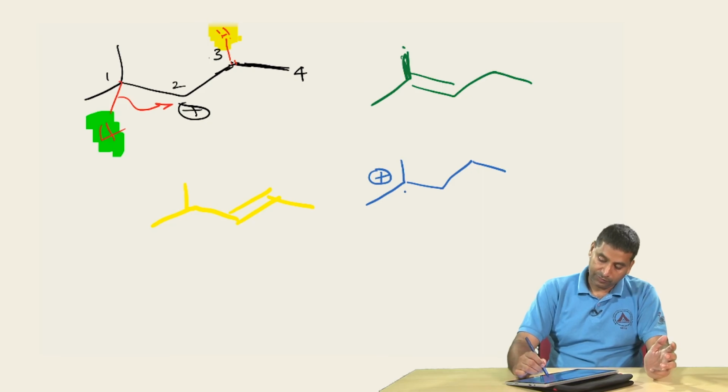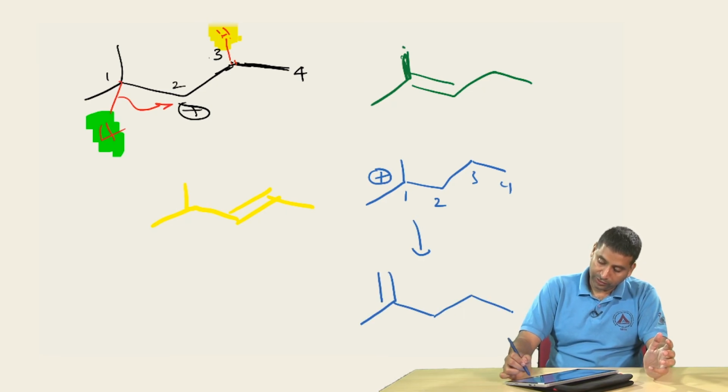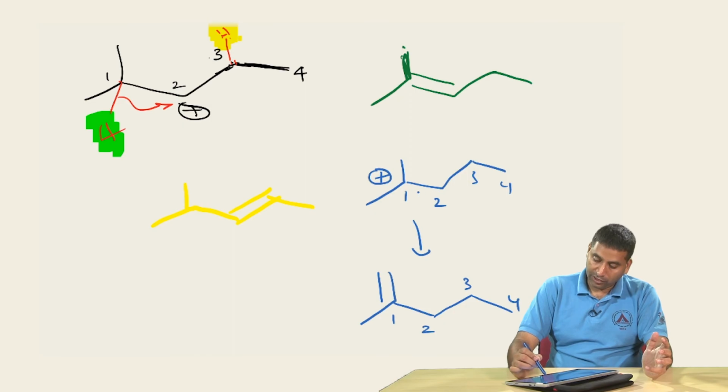Now, just to keep the same numbering 1, 2, 3 and 4, if this undergoes elimination, then you would get a double bond here, and if carbon 1 and 2 undergo elimination, you will get exactly the same product over here.